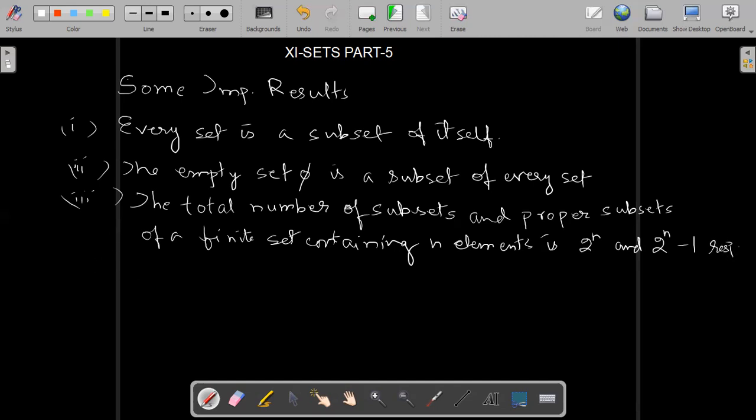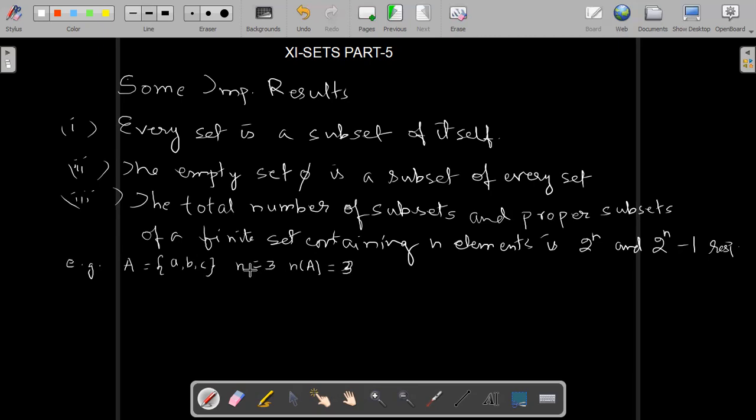I will show you by giving an example. Suppose that A is a set of elements a, b, c. So what is n here? n is 3. The number of elements is 3, and we write the number of elements in set A is equal to 3.